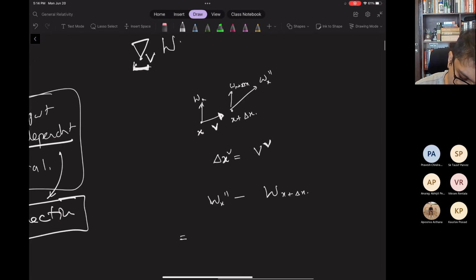And we're claiming that the difference between these two... sorry, I think it's the other way around. We want W at X plus delta X minus W at X parallel transported, divided by epsilon, divided by delta X nu.